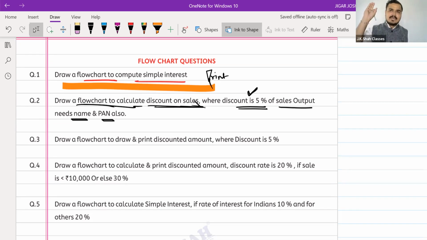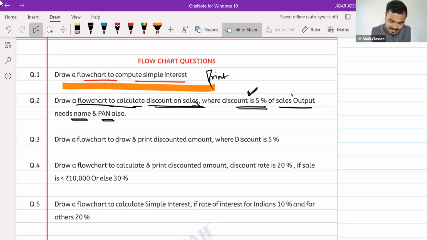Whatever your sales amount is, we will give you a 5% discount. That's it. So always remember, my dear children, here we are giving software to the users so that the user can give the input to us. So we will not ask them the discount. Discount is fixed at 5%. The system will be set up with this discount by default in the background. Understood? Yes, sir. Serious people.